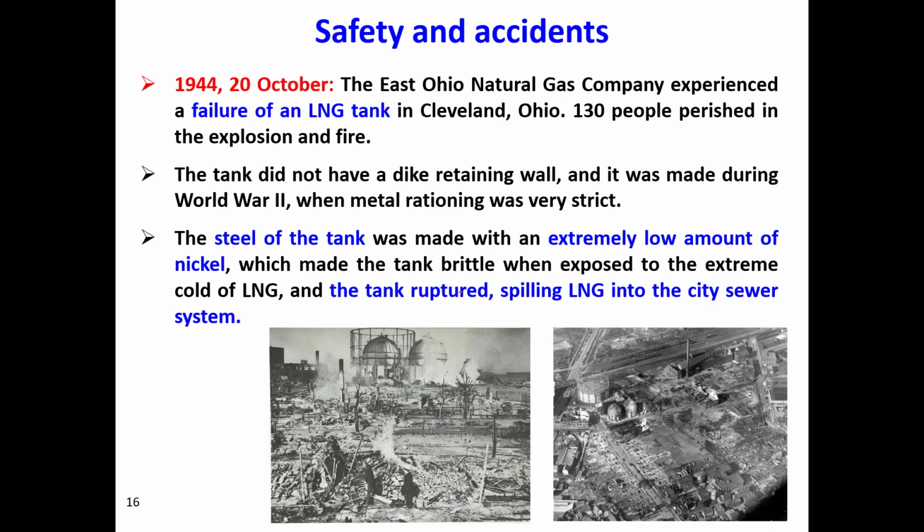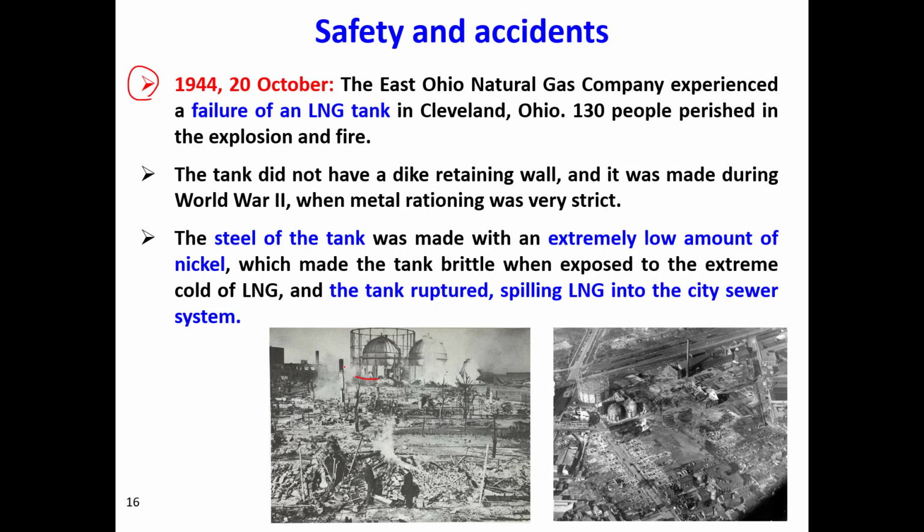So here in the last few slides, I have some examples of accidents that we had in LNG plants. The first one that I talked about a little bit at the beginning is October 1944, the East Ohio Natural Gas Company. There was a gas explosion there.